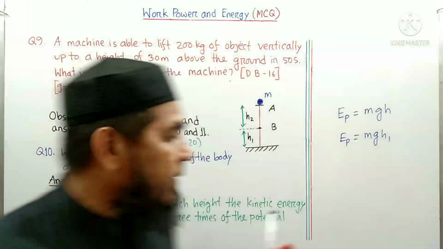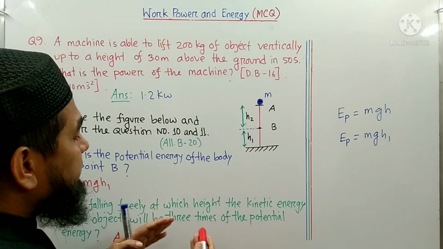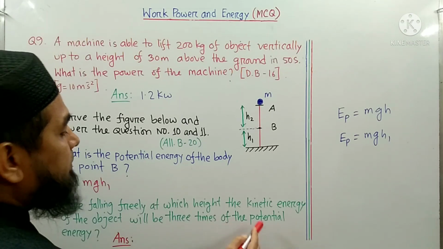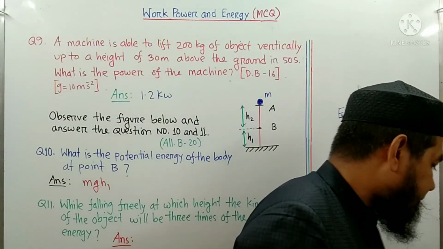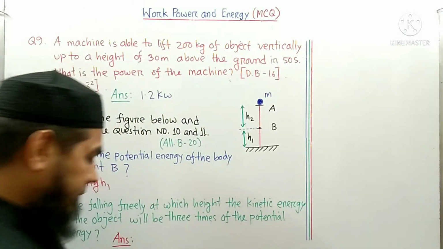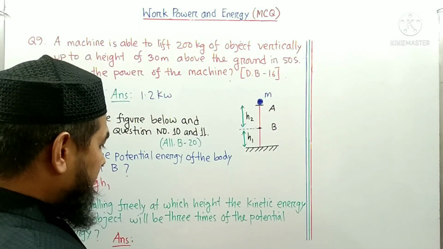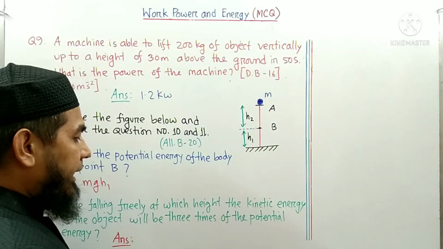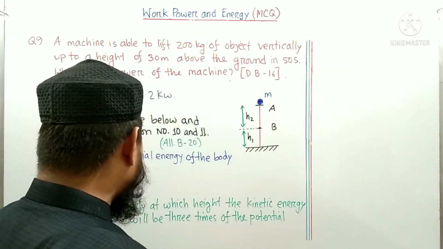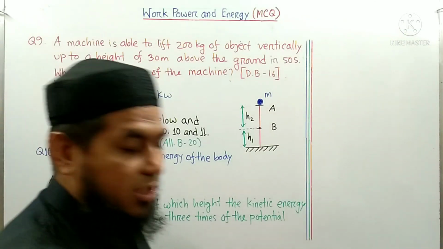Next question 11. While falling freely, at which height will the kinetic energy of the object be 3 times the potential energy? From the given information, students, if we consider the potential energy at height x, the kinetic energy will be 3 times the potential energy.